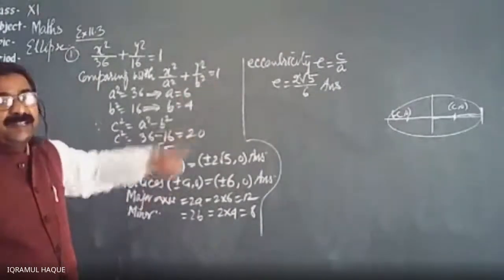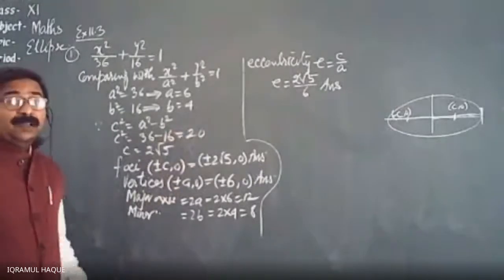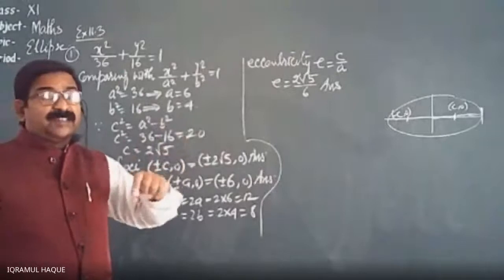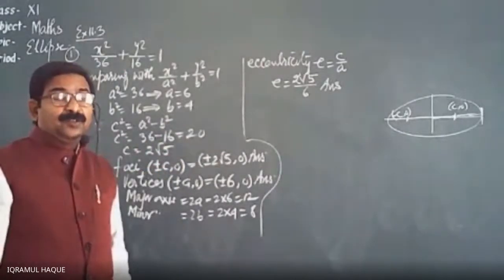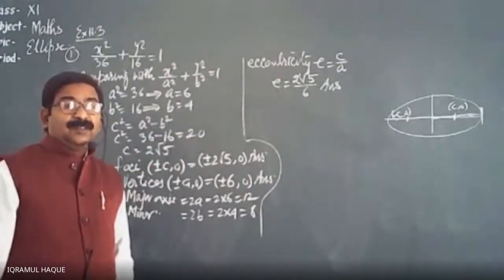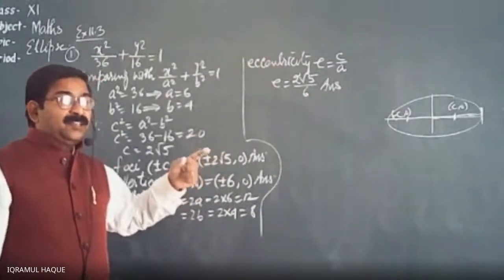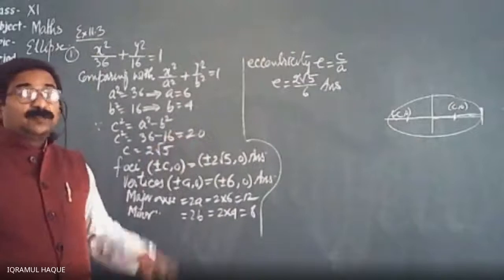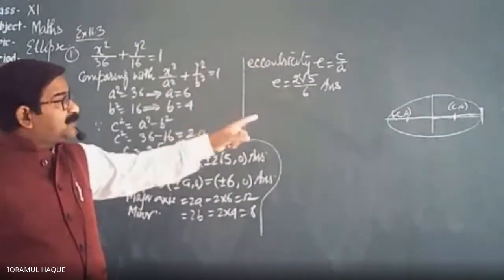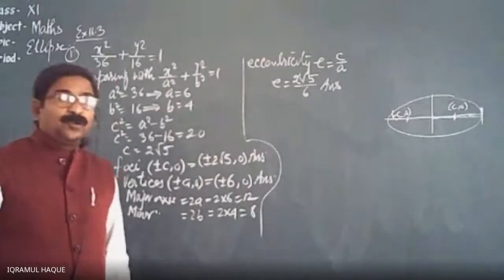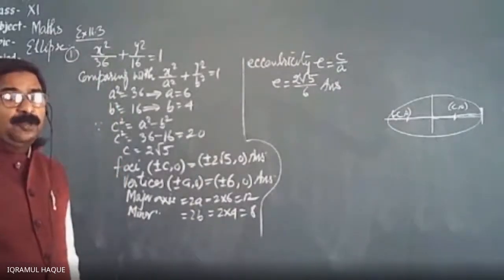Eccentricity is the ratio of distances, the distance of F from the center, and distance is never negative, so we don't write a negative sign, only positive.